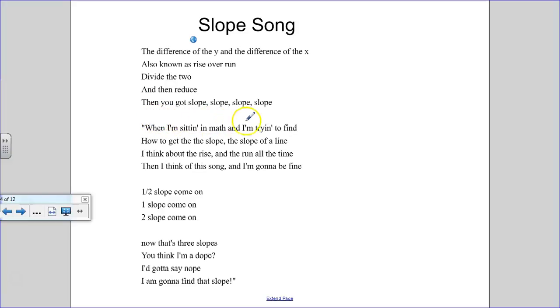When I'm sitting in math and I'm trying to find how to get the slope of the line, I think about the rise and about the run, and I think the song. The difference of the y and the difference of the x, also known as rise over run. Divide the two, and then reduce, then you got slope.